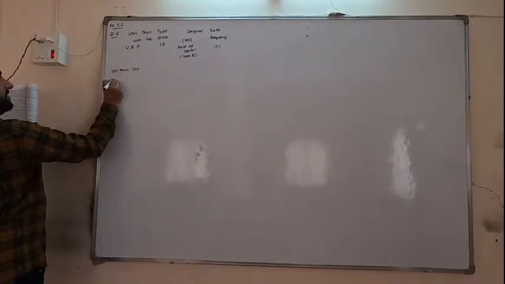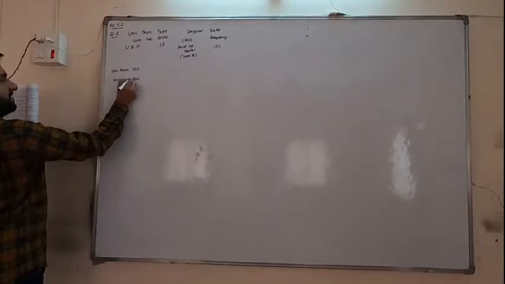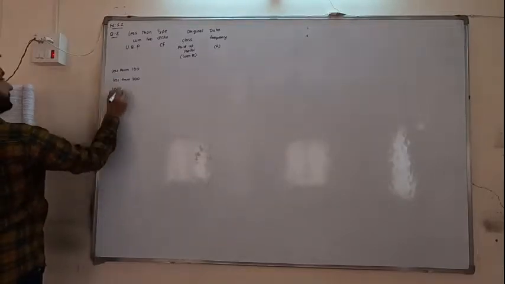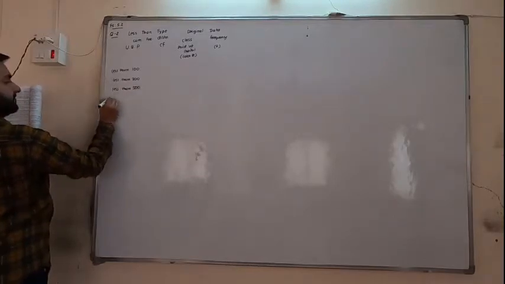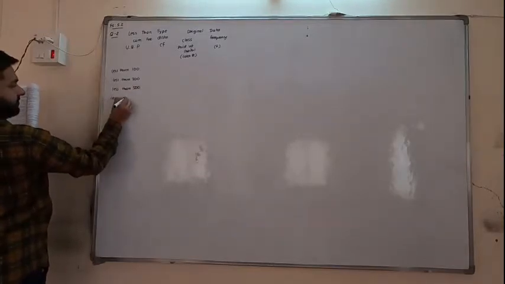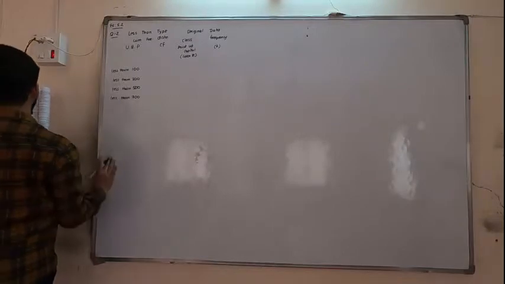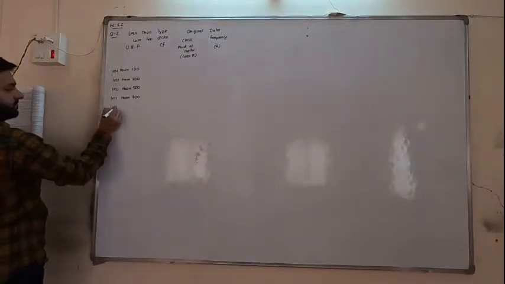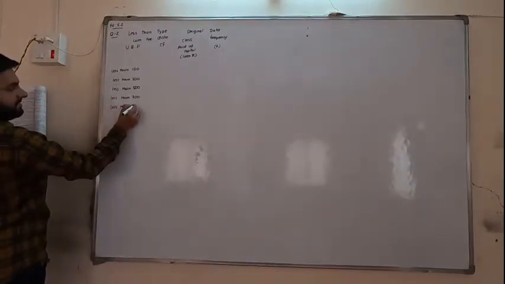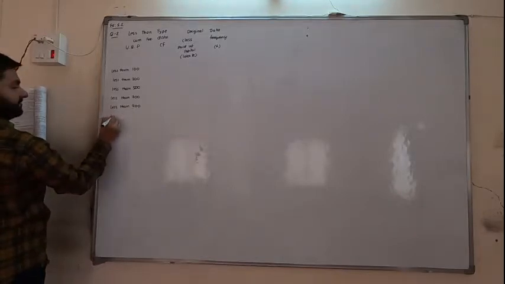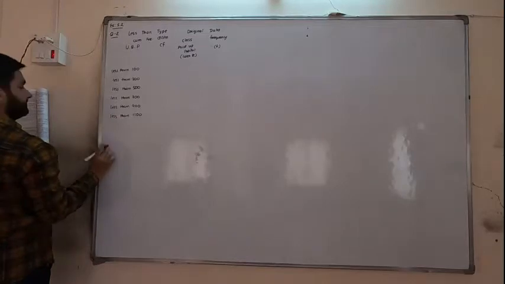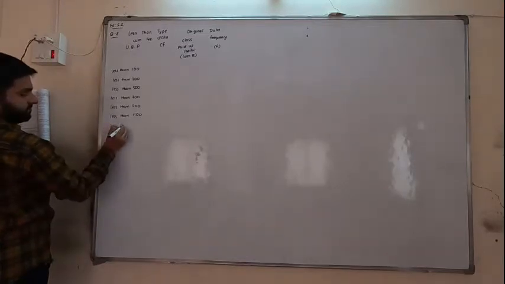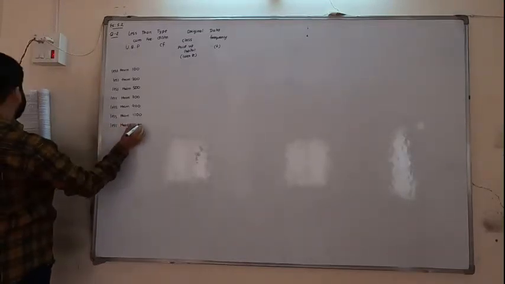Now, less than 100, less than 300, less than 500, less than 700, less than 900, less than 1100, and less than 1300.